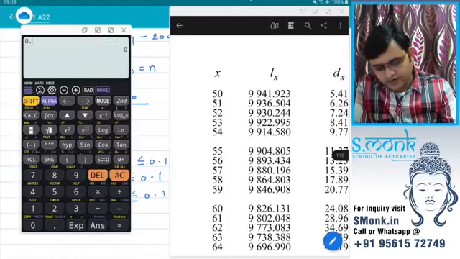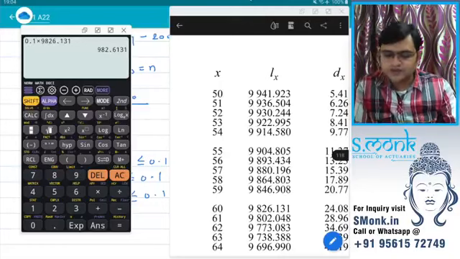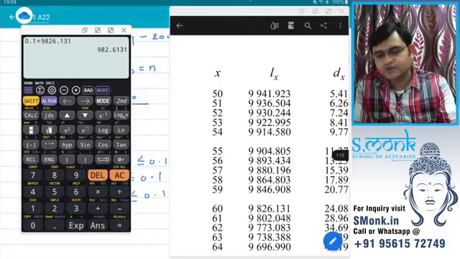So I'll say 0.1 into L60. L60 was 9826.131, so 982.6131.